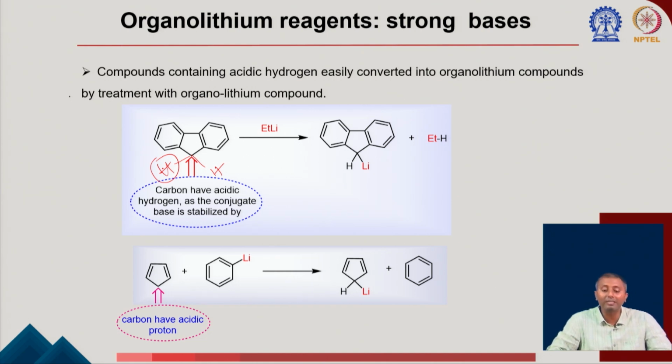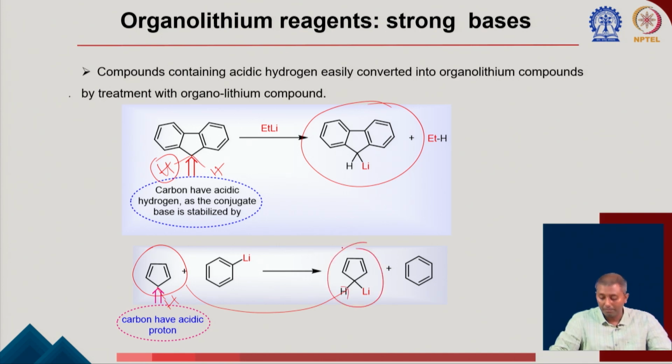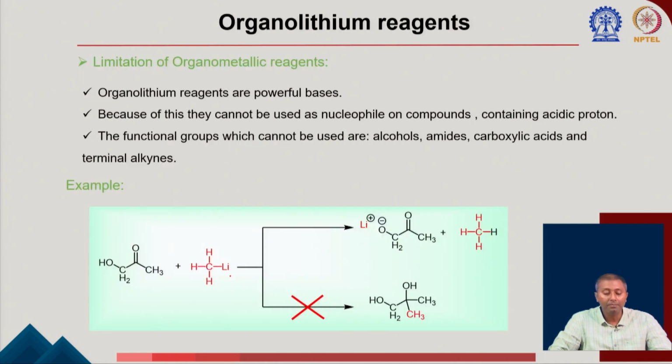Now if you use organolithium, it can act as a base to abstract this proton to generate the corresponding organolithium. Here also, if you think about cyclopentadiene, it is going to abstract this proton. This can convert to an aromatic compound, the corresponding lithium salt. So these are the acidic protons which get abstracted with the lithium reagent.